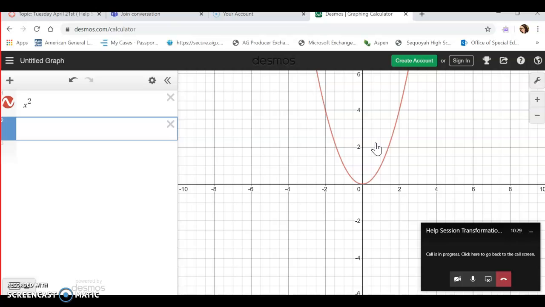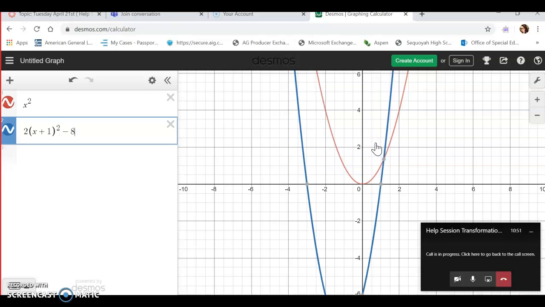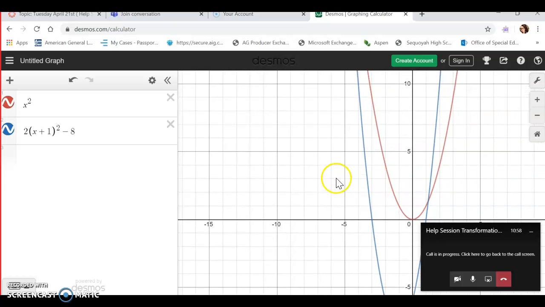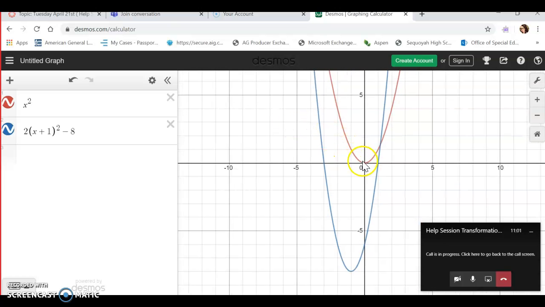Okay, so let's check letter D. Letter D said y equals 2 times x plus 1 squared, and then minus 8. Okay, so if we look at our screen, just looking at the vertex, the vertex for the parent function is 0, 0.